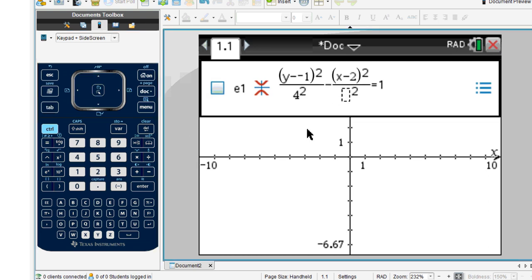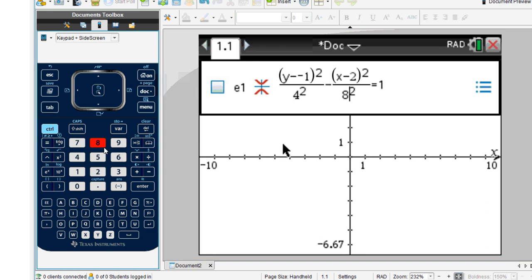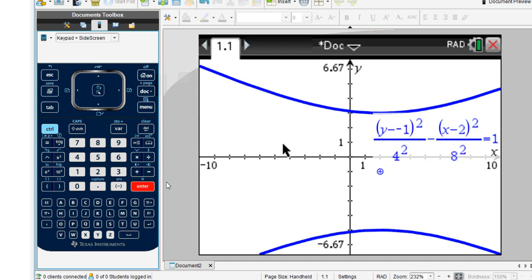And then over here, that's going to be 64, which is 8 squared. So we put 8 right here. And then we graph this, and this is what we get for our hyperbola.